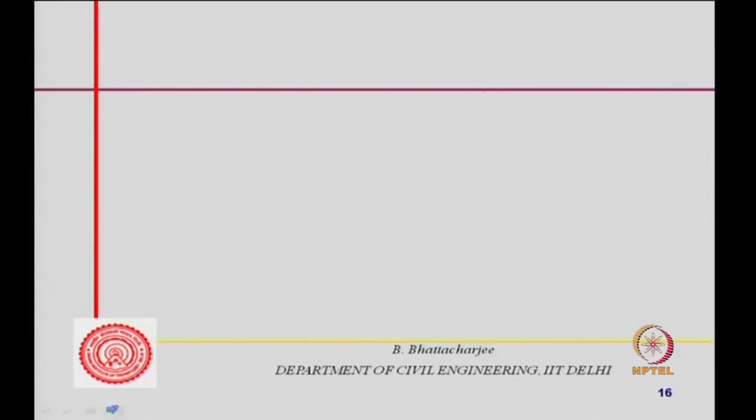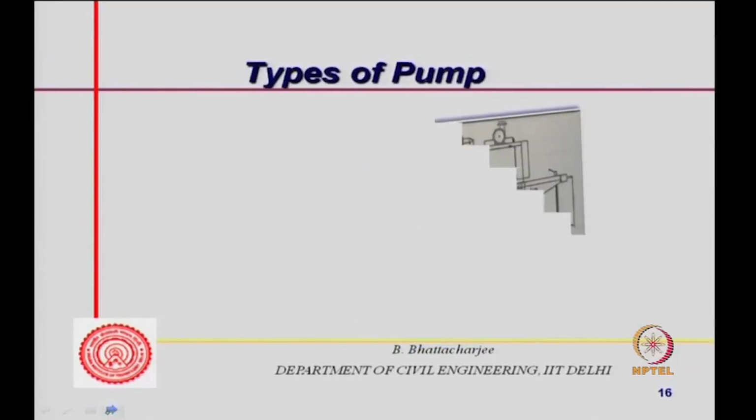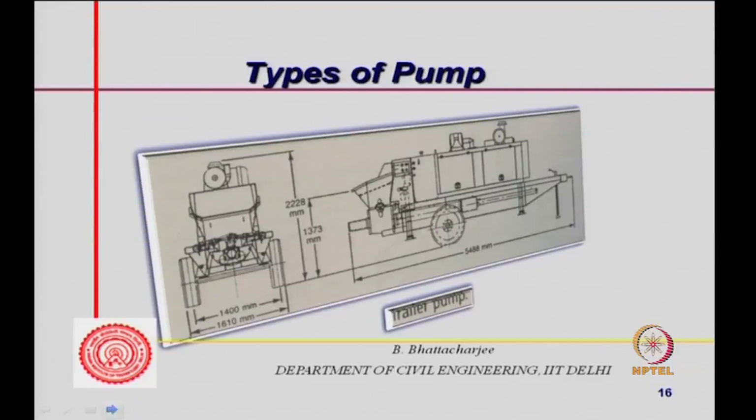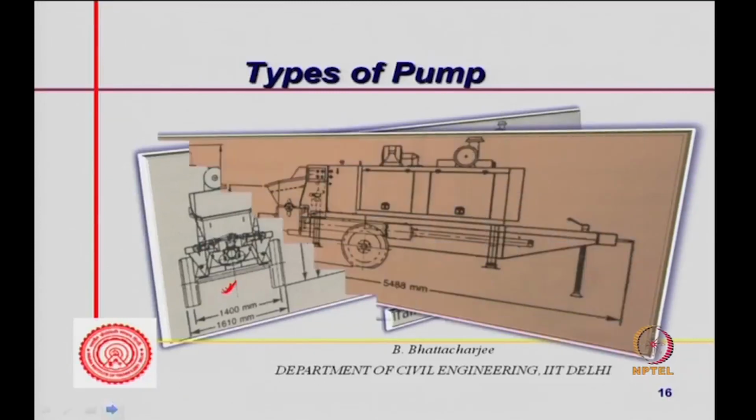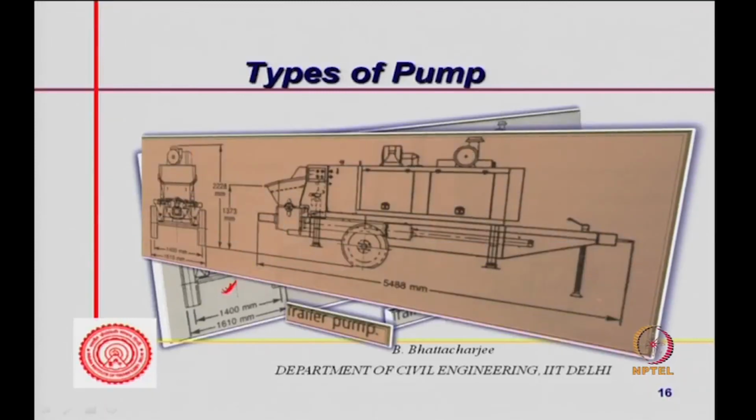Then you have the trailer mounted pump. For example, this is a trailer mounted pump. Something like this is how it looks, mounted on the trailer on one side. This will be towed by another vehicle, and you can see it from the other direction. This is the form essentially meant for towing it, and the pump is mounted there.